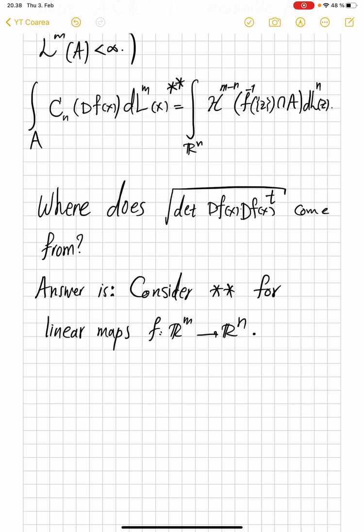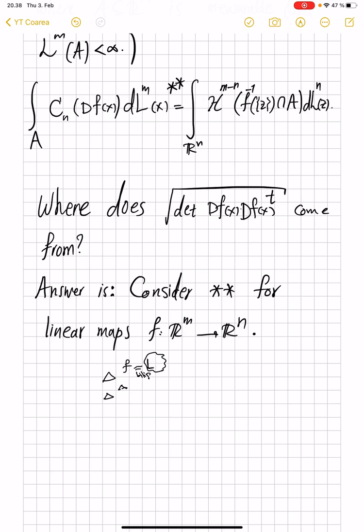Indeed, the proof in Federer's book and in Evans and Gariepy is based on the idea that if you have a Lipschitz function, then it is differentiable by Rademacher's theorem, so you can break up the domain into pieces on each of which f is very well approximated by a fixed linear map. Then you compute either side of the Coarea formula, by that I mean now double star, for f, and then for L, because these are Lipschitz comparable, you get good estimates. And then you know that the Coarea formula holds for the linear maps. From that, you prove double star up to some error that goes to 0 if you do an exhaustion.